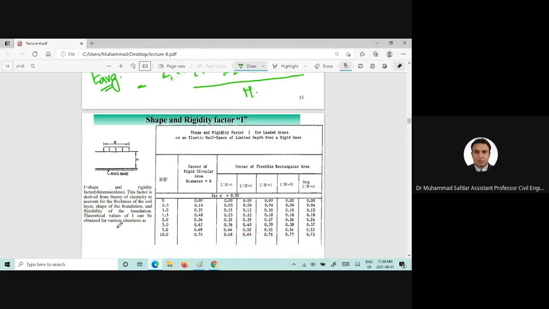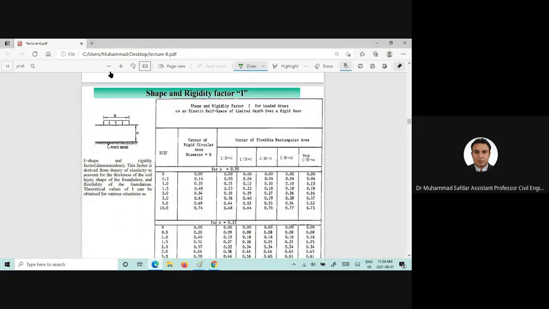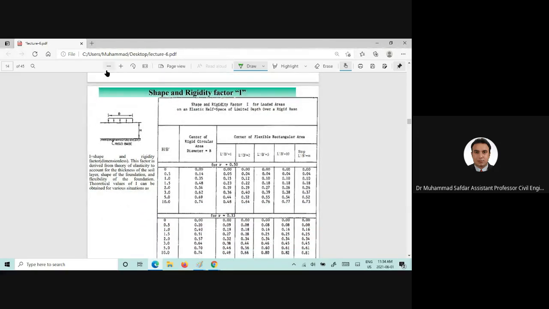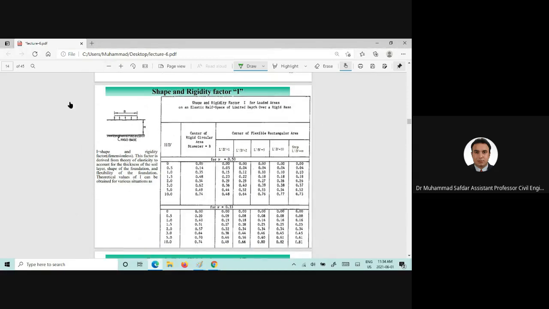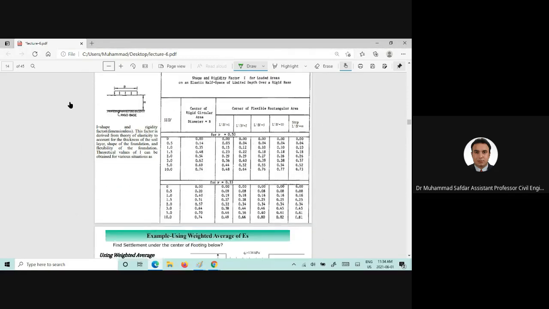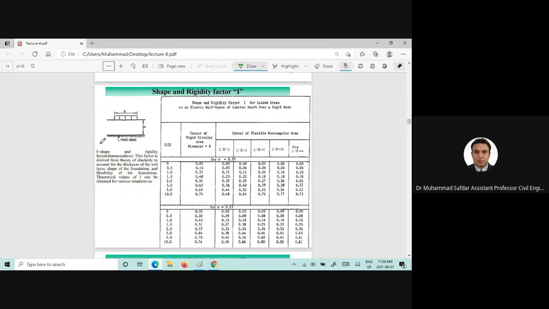Now we are here to understand the concept of the shape and rigidity factor. This I, or the shape and rigidity factor, is usually used in the theory of elasticity, and it accounts for the thickness of the soil layer, shape of the foundation, and flexibility of the foundation, and the theoretical values we can obtain from this table.